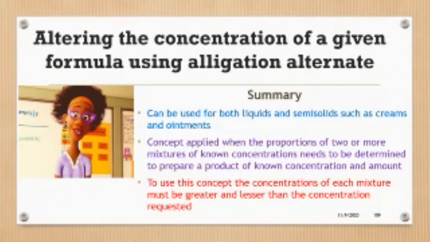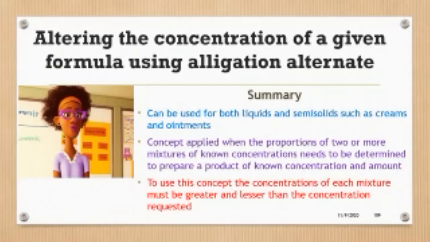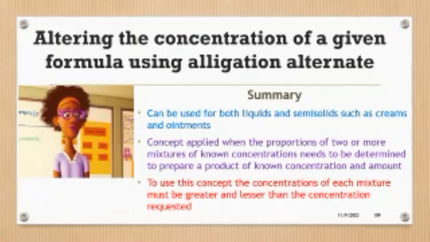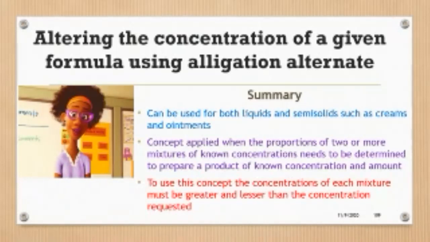If you are using 2 concentrations less than the concentration you are requesting, you will never get it. So you can use 14 and 10 to get 16. You must have one that is greater and one that is less. And you can only do the calculation or the arithmetic method in batches of 2. So if you're using 3 mixtures, you most likely are going to use the higher concentration twice.